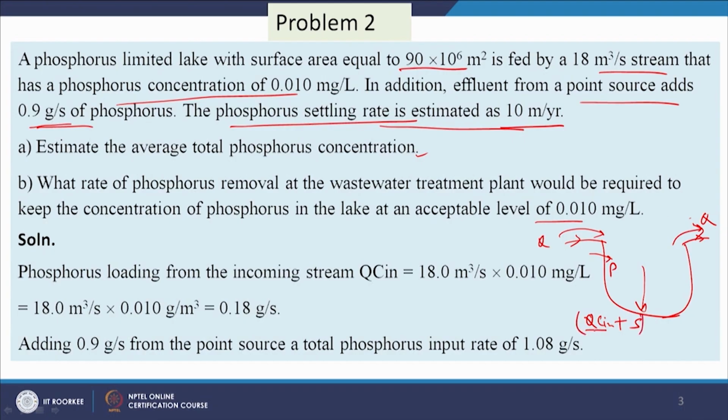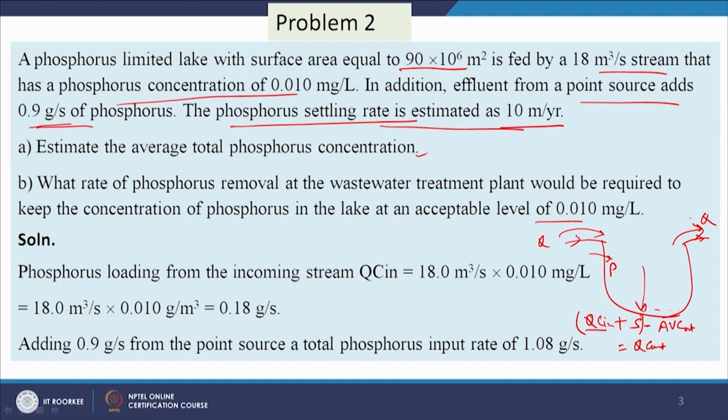So, this is our input and our accumulation, which is coming at the bottom of it. That is the cross-sectional area A. If we calculate A into velocity, that is the volumetric flow rate Q, into C out, minus this, that is equal to Q into C out.